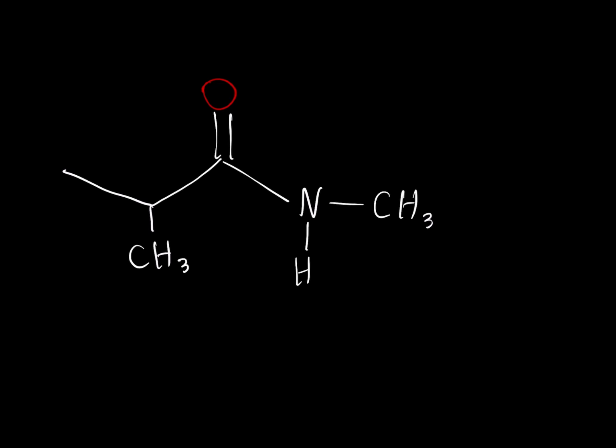How do we name this molecule? So first of all, keep in mind this is a secondary amide because the nitrogen connects to 2 carbons. Now in the main chain, we have 1, 2, 3 carbons. So this is called propanamide.